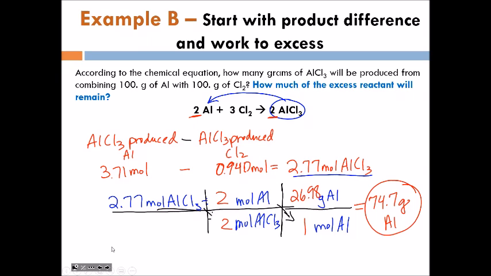Either way, those answers would be accepted. Now some people might like the product way where you subtract product first, then do the T-chart. Or you might like to do the limiting to excess way, which is the one in the previous slide. Either way, they both work.